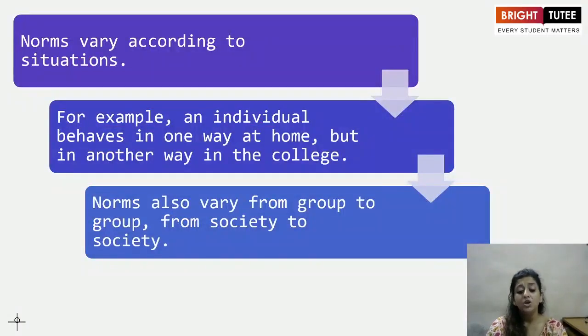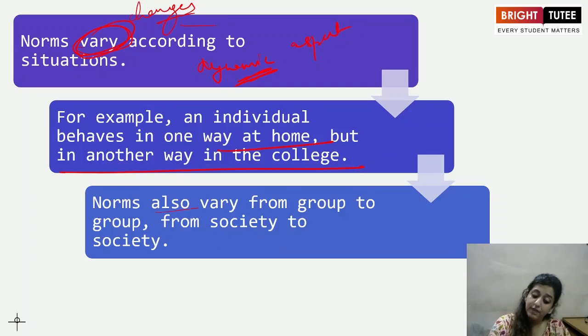Moving ahead, norms vary according to the situation. For example, an individual behaves in one way at home and in another way in the college. Like I said, it is a dynamic aspect of norms wherein it changes according to the situation. You might be in a different sphere while you are at home, and in a very different sphere, observing different norms, while you are in college.